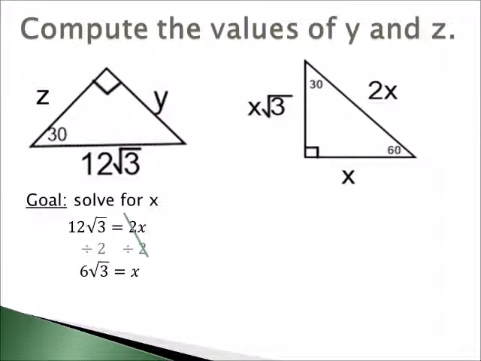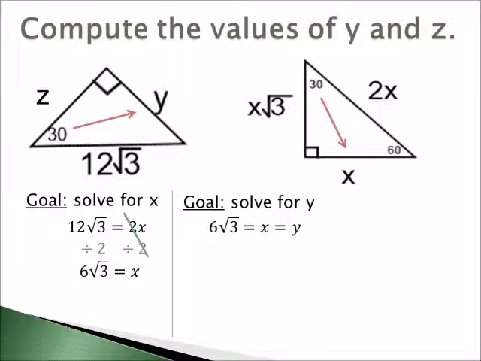We also know that across from our 30-degree angle is our y, but in our theorem, it is represented as x. So in order to solve for y, we can simply state that 6 radical 3 is equal to our x, which happens to also be equal to our y value. So the first value that we were missing was y, and that is equal to 6 radical 3.